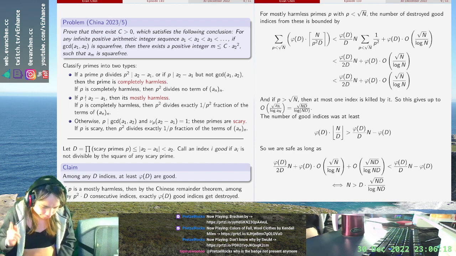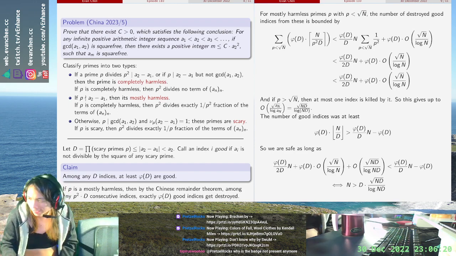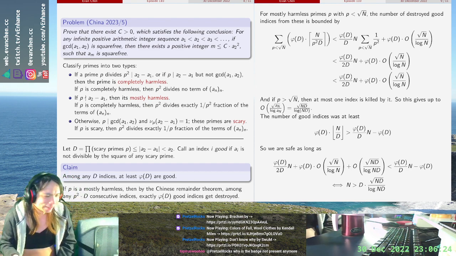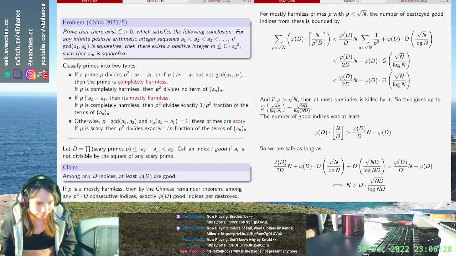Phi of d is greater than square root d. Is that true? I remember seeing this somewhere. Like phi of n is big. Like phi is bigger than square root. Is that true?